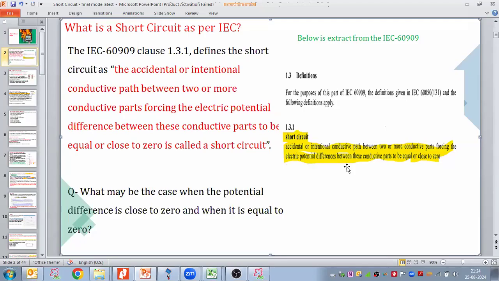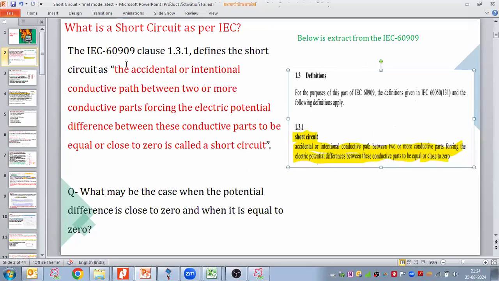So IEC 60909 clause 1.3.1 defines the short circuit as an accidental or intentional conductive path between two or more conductive parts forcing the electric potential difference between these conductive parts to be equal or close to zero.